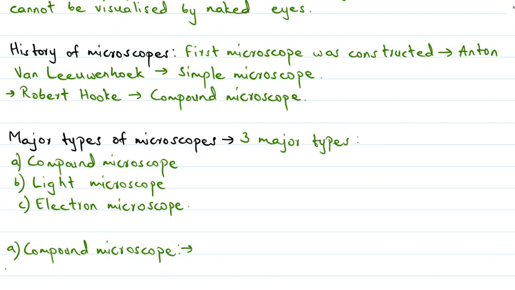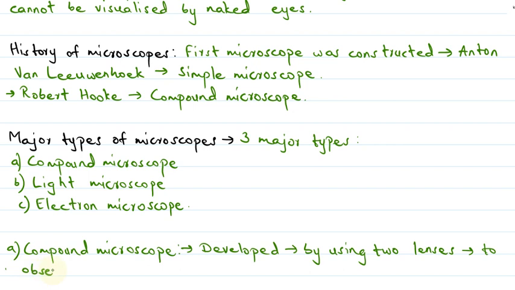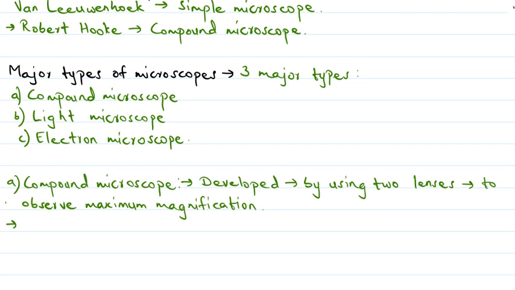Robert Hooke developed a compound microscope using two lenses, as we already know, so as to observe maximum magnification.